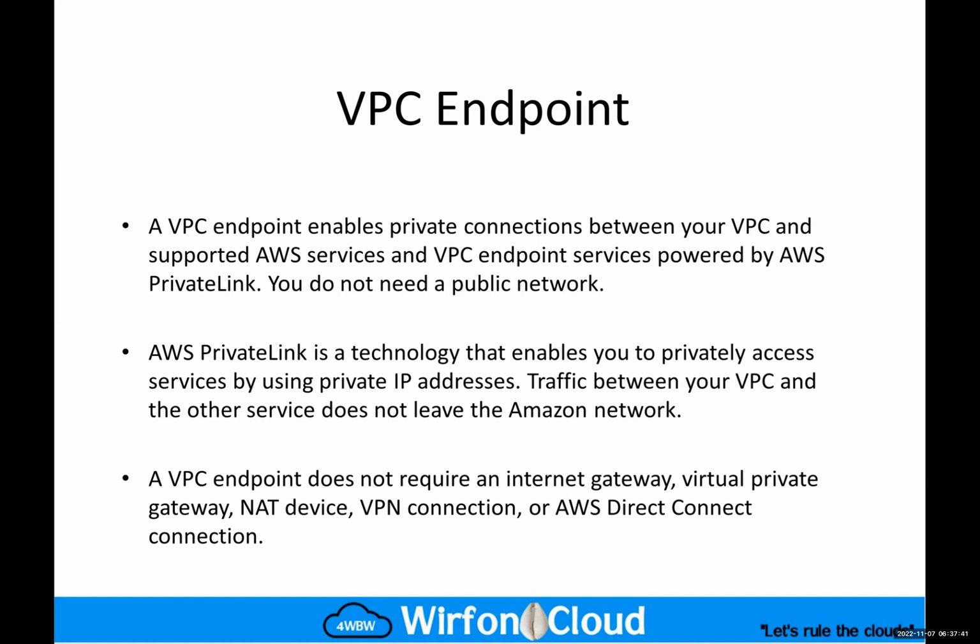So it's isolated from the internet, and therefore the communication between instances in your VPC and your S3 bucket is automatically protected from public access. Indirectly, in this case, they are not even using public IP addresses anymore.